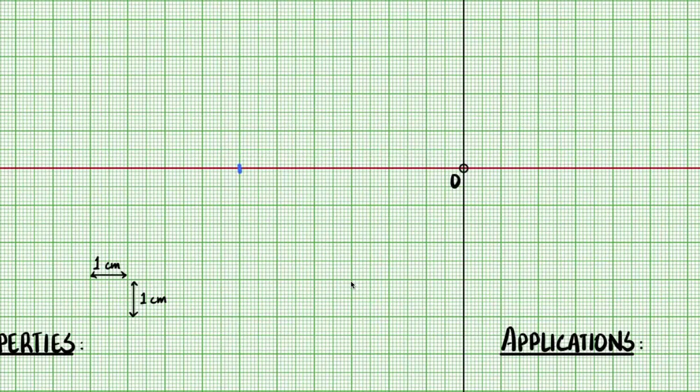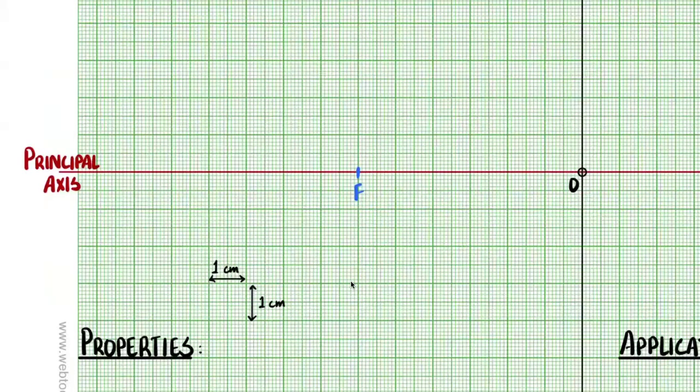So this is F. Right, let's double check. 1, 2, 3, 4, 5, 6. And then 2F. So 1, 2, 3, 4, 5, 6. So here, this is the 2F point. And again, I'll just need to mark the same points on the other side. So let me just copy this.